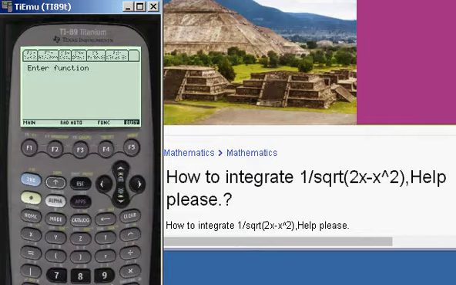Press enter, and looks pretty good here.